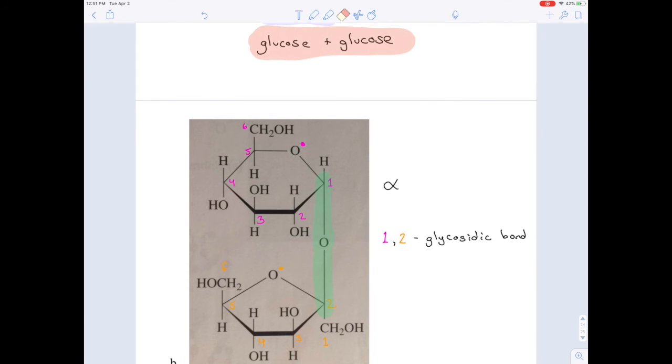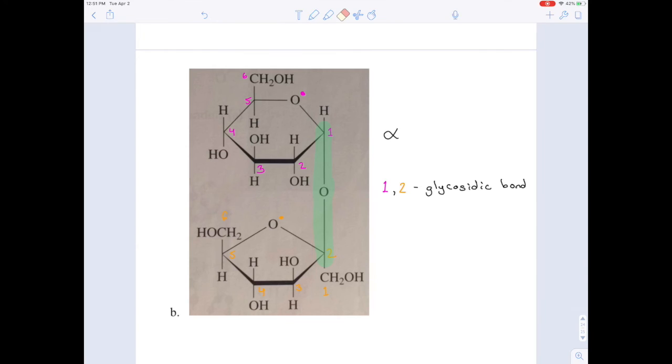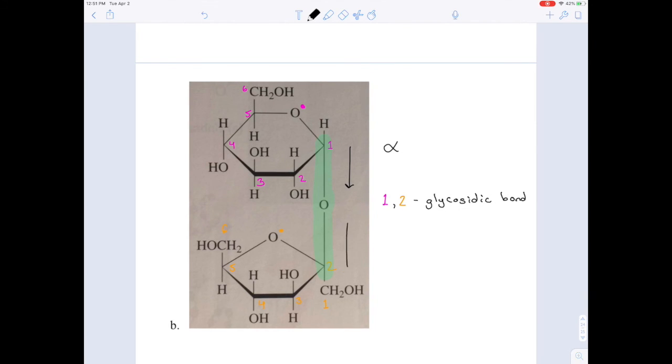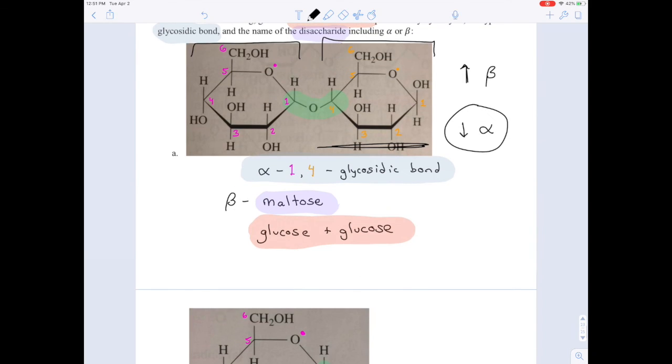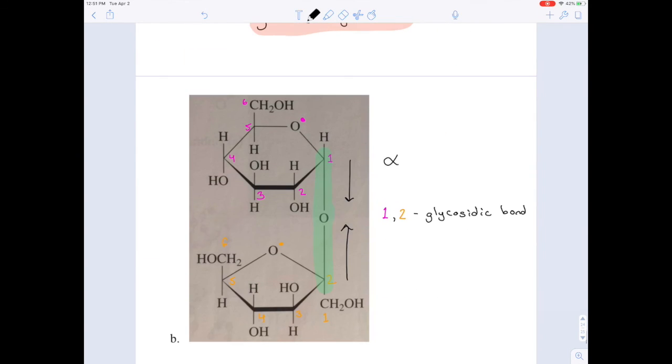But in the ring on the bottom, since it's also the oxygen immediately to the right of this oxygen in the ring, that's always so important. In the ring on the bottom, it's going up. And so for the bottom ring, it would be beta. So this is both alpha and beta. It's alpha to the top ring and beta to the bottom ring. Altogether, the glycosidic bond is alpha-beta 1,2.